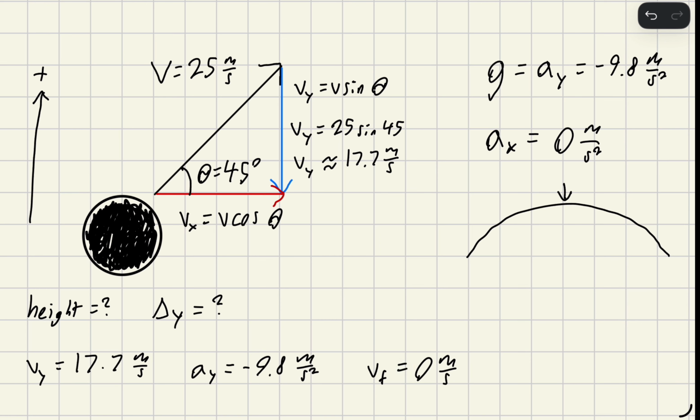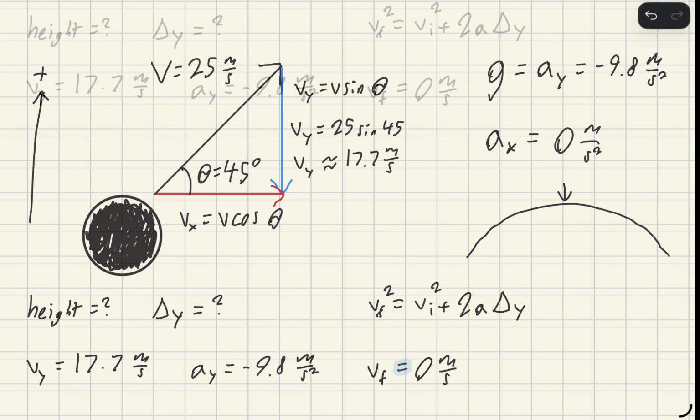Now we have 3 variables and 1 unknown variable, and we can use one of the kinematic equations. The one that uses all of these and is missing time, notice we don't have time, is final velocity squared is equal to initial velocity squared plus 2a delta y.